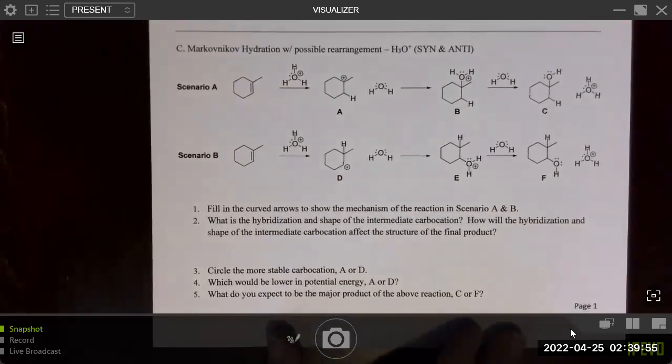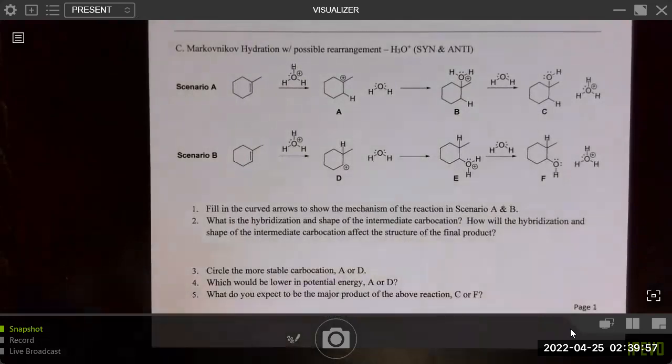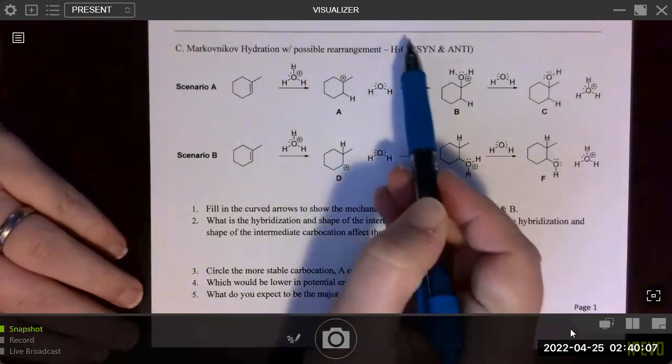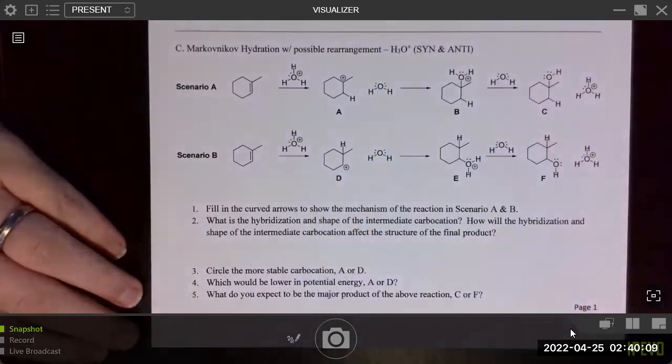Okay, we're going to start off with Markovnikov hydration with possible rearrangement. So recall that when we use hydronium ion or sulfuric acid in water, we are going to do Markovnikov hydration of an alkene. And because it goes through a carbocation intermediate, there is the potential for rearrangement.